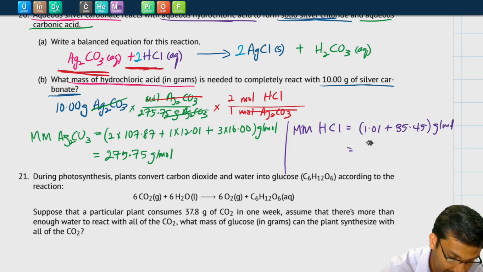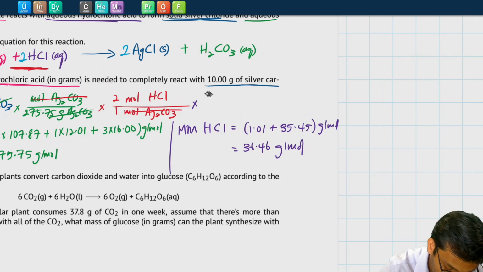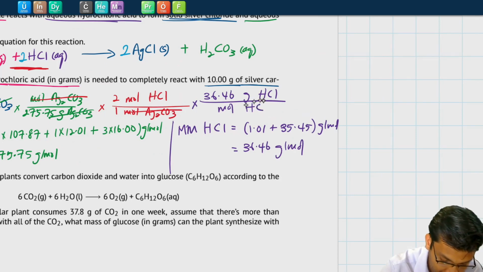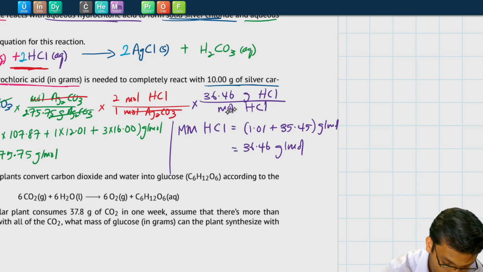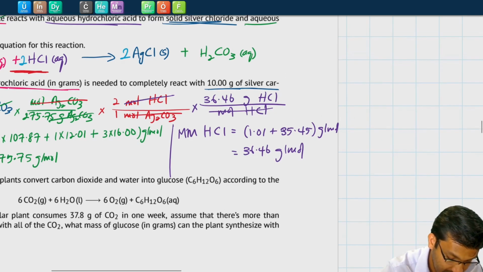That adds up to 36.46 grams per mole. So we multiply by 36.46 grams of HCl per mole of HCl. Again, I'm just keeping the HCl there to make sure we know what we're working with. So moles of HCl cancel out, and we're left with grams of HCl as our answer.